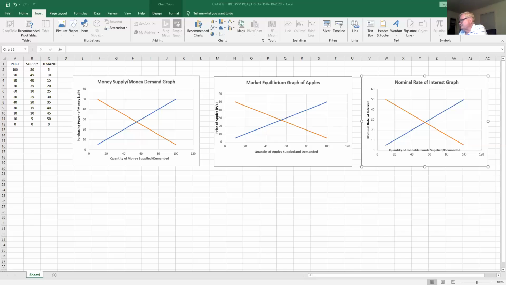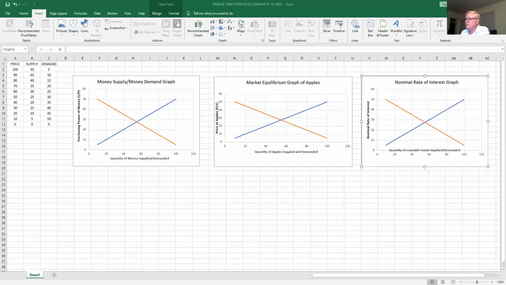And we are to the right of QLF1 on the horizontal axis. We're ready to perform our trick again. Take a perpendicular line segment up to the curve that we are unconcerned with. Well, in case 3, we are concerned with the demand for credit curve and unconcerned with the supply of credit curve.